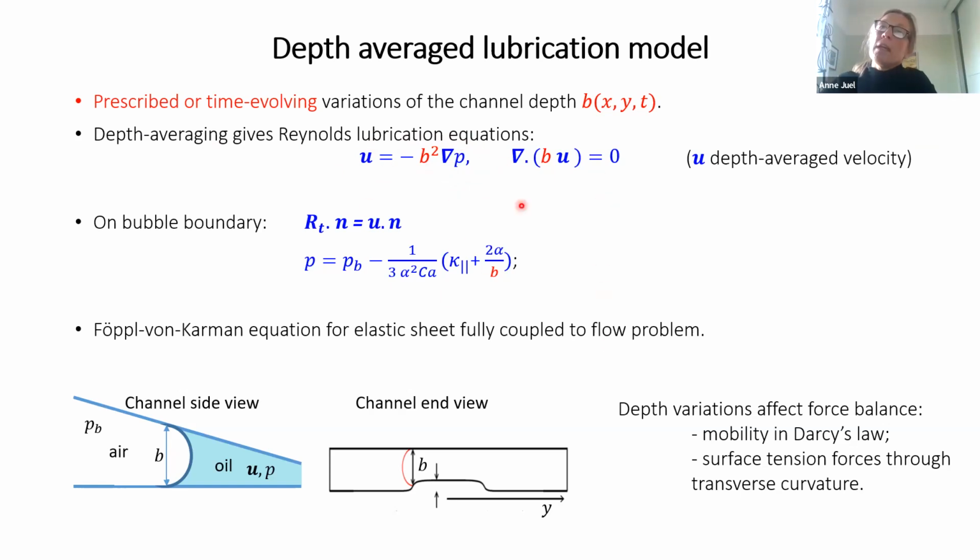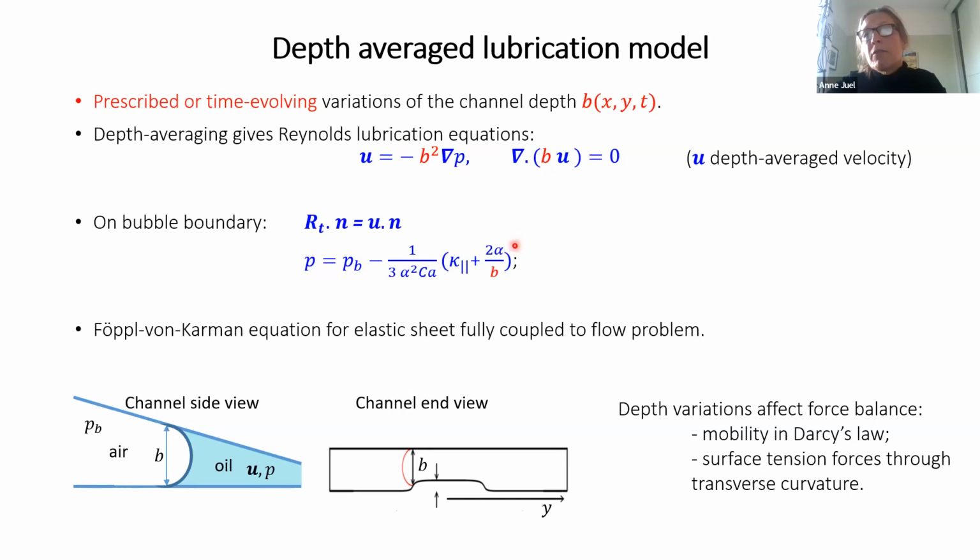And so we essentially get equations where this b, the height of the channel, comes into the bulk equations governing the oil, and then we need a set of boundary conditions. So we have kinematic boundary conditions, and then we have dynamic boundary conditions that, in the limit of a large aspect ratio channel and the lubrication approximation, essentially reduce to the Young-Laplace equation.